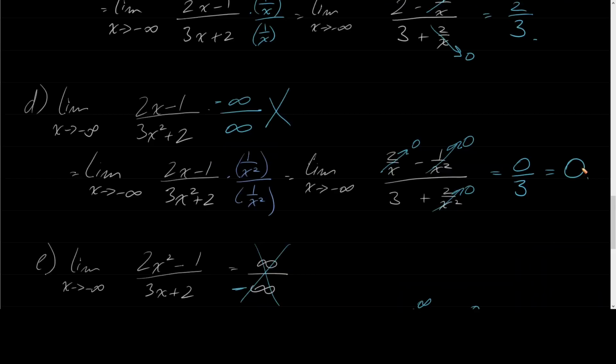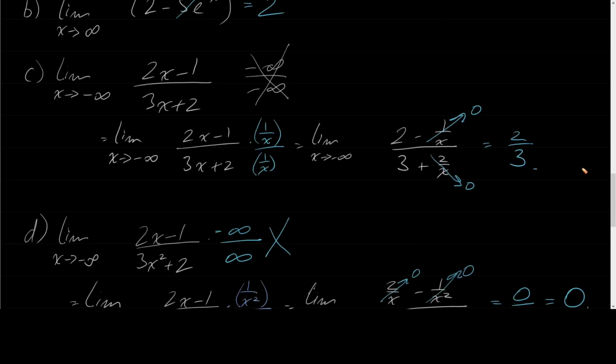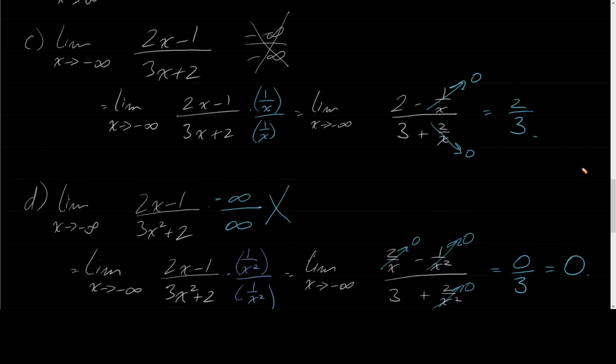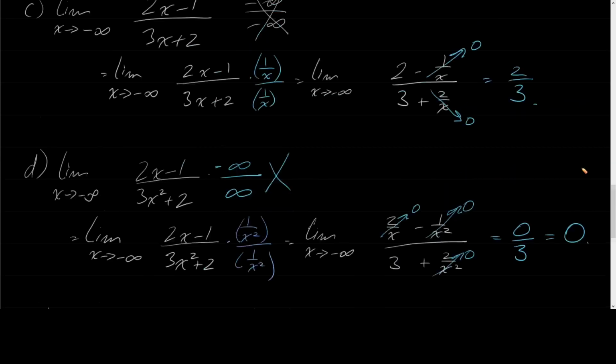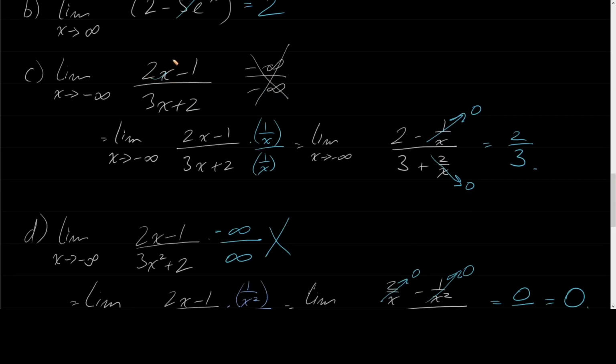Now, let's look at these last 3 scenarios, C, D, and E, and let's look at the degrees here. Notice that in here, x and x, they were both of the same degree, and our final answer was just 2/3.